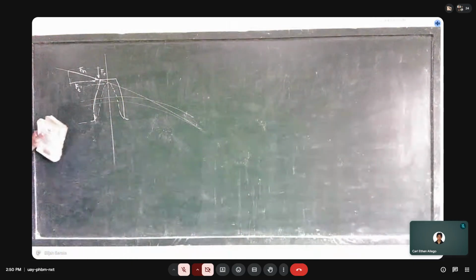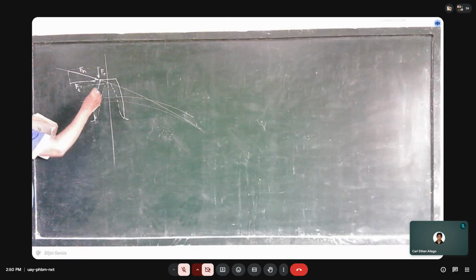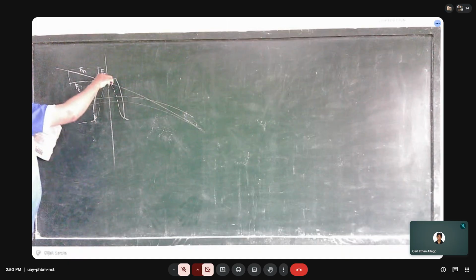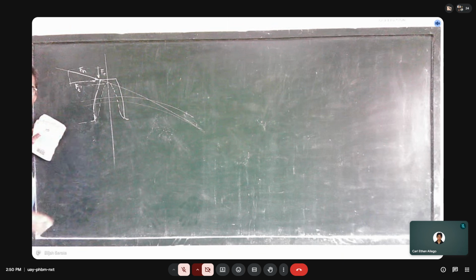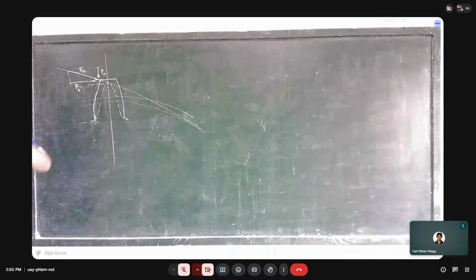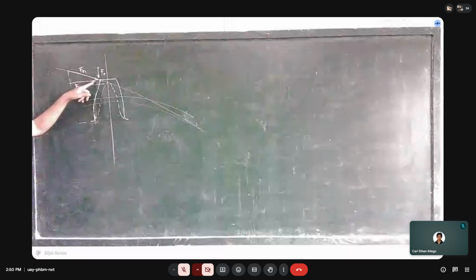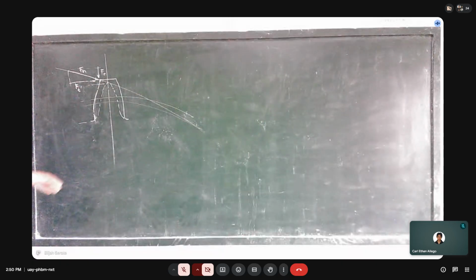Now the tooth profile shows the stress. So this part here, beyond that, there is no stress. However, you will notice the force is a bending force. Your gear tooth is like a cantilever, so it's like a cantilever being loaded.